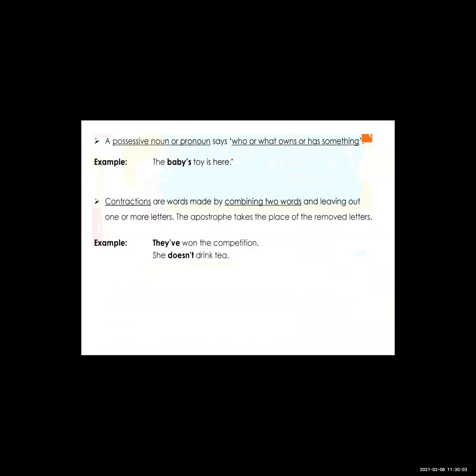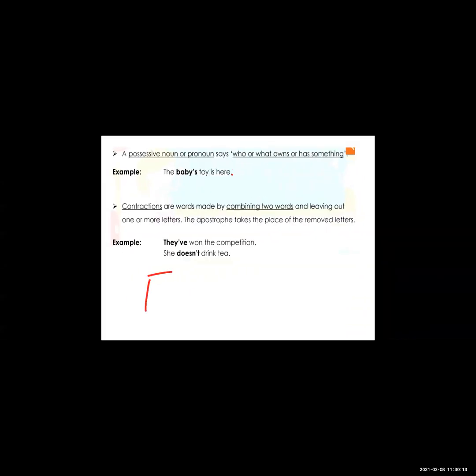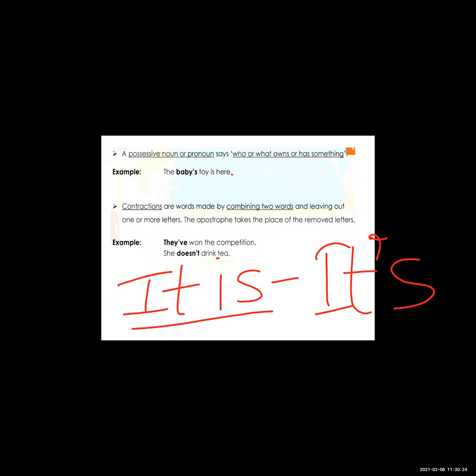If we have to write the short form of it is, how will we write it? It apostrophe s.